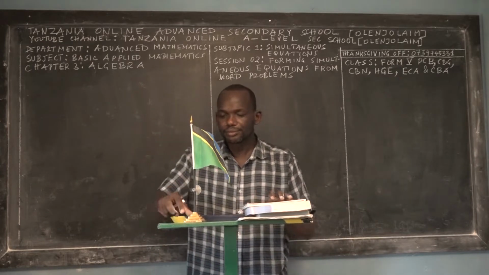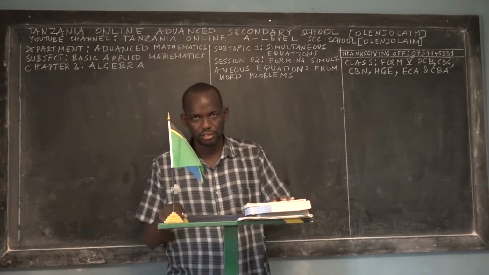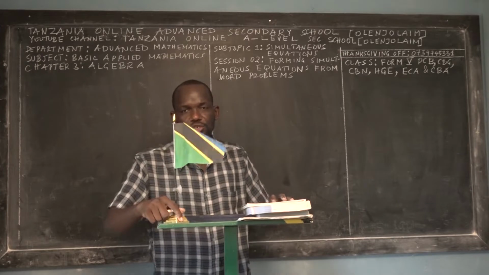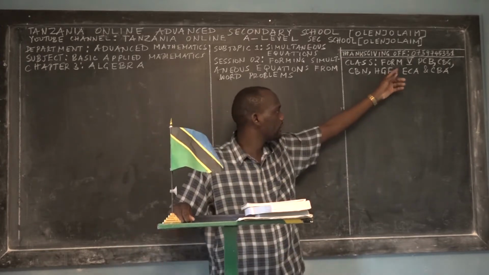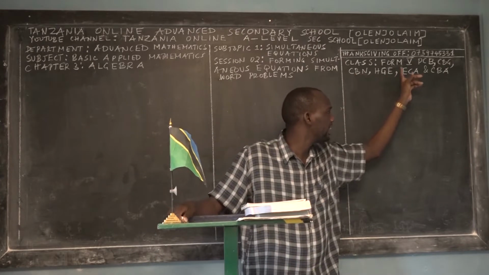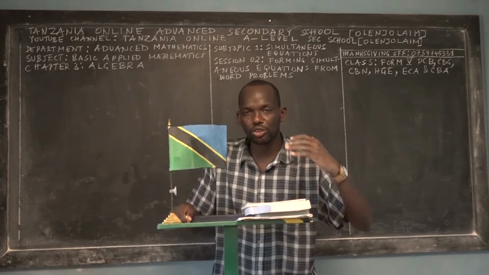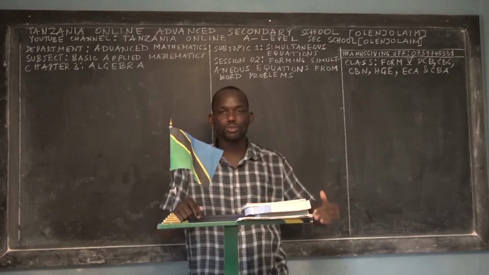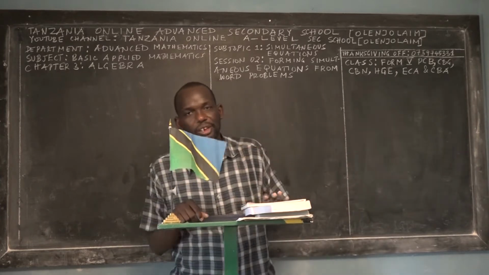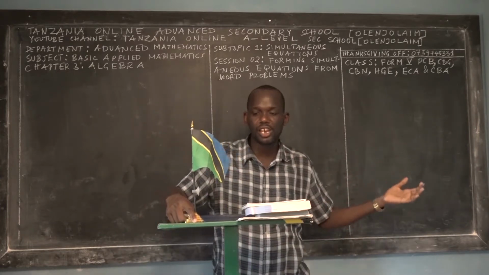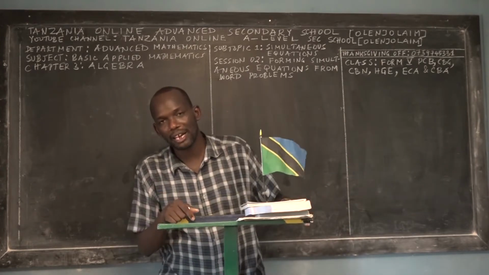Well, maybe you are a parent or a guardian of a student in advanced education in one of these combinations: PCB, CBG, CBN, HE, ECA, and CBA. You have been talking to your child, whether a girl or a boy, who is in advanced education, and he or she has been sharing the challenges of going through basic applied mathematics.